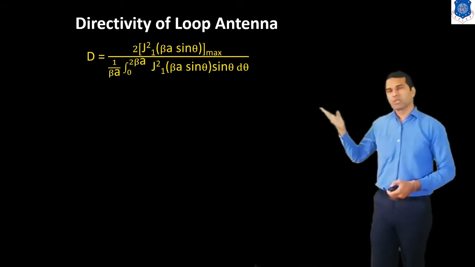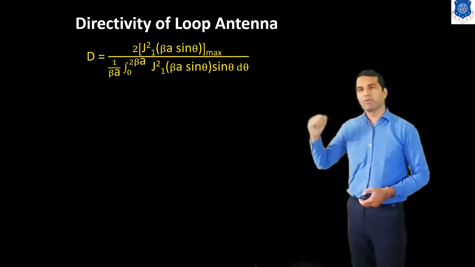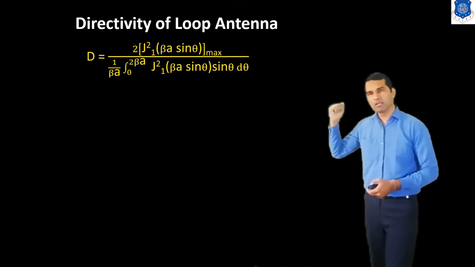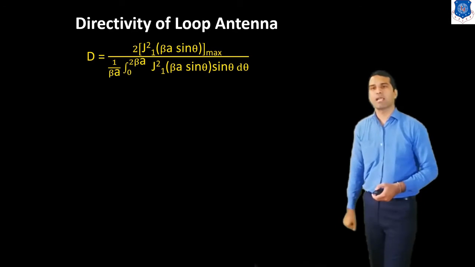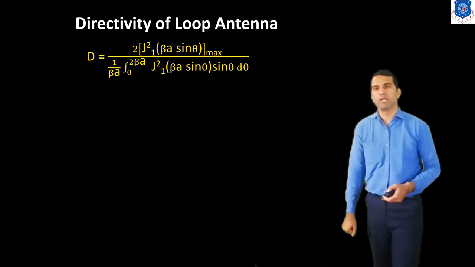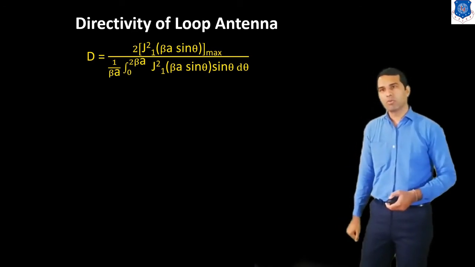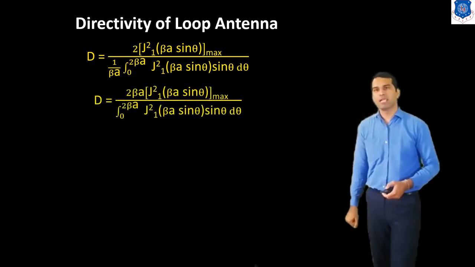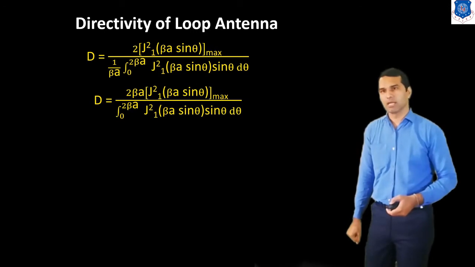Now we have taken the constant terms, and when we simplify the equation, we can write D is equal to 2 J1 square (beta a sin theta) maximum, over 1 upon beta a integral from 0 to 2 beta a of J1 square (beta a sin theta) into sin theta d theta.